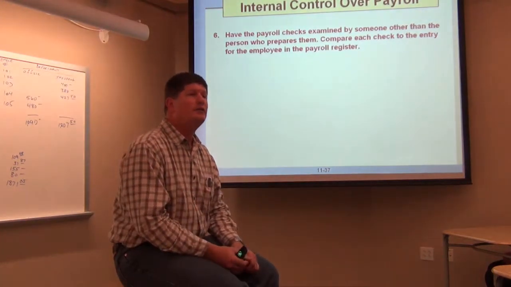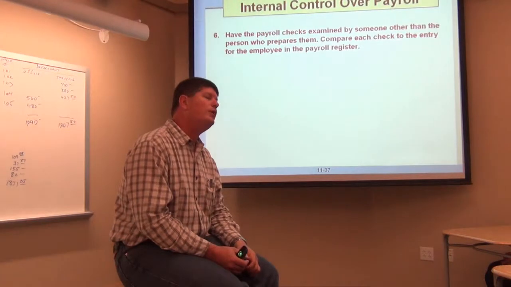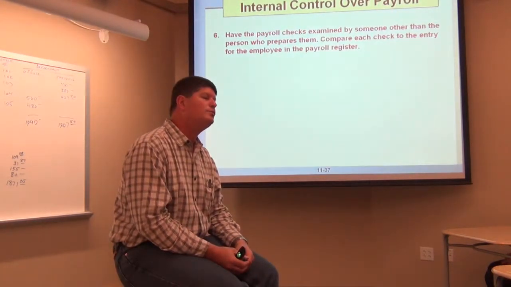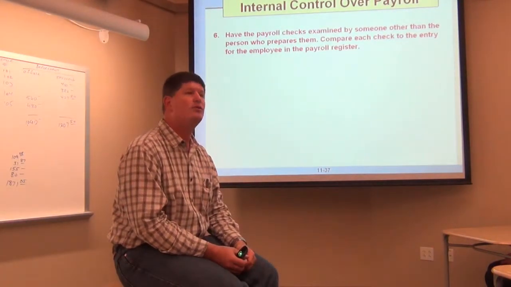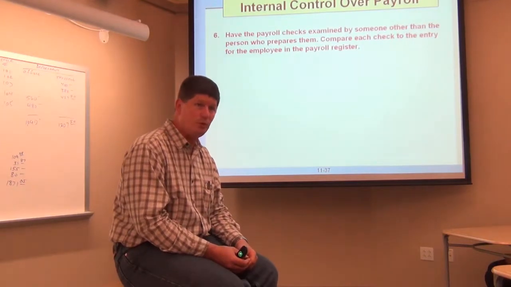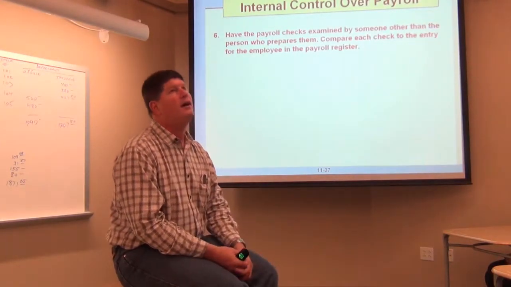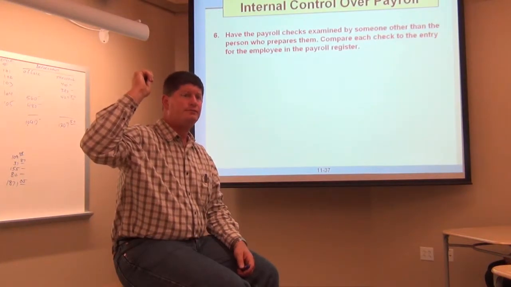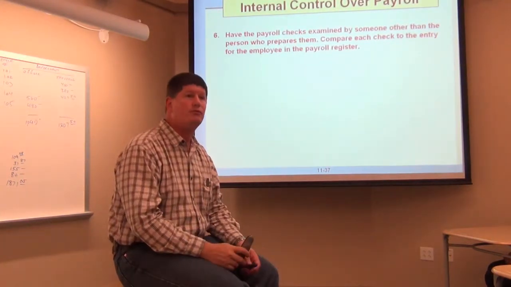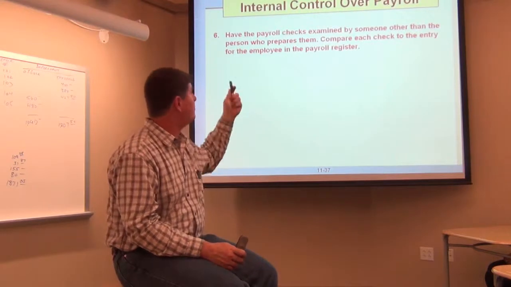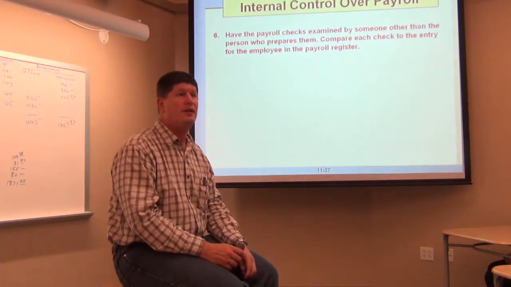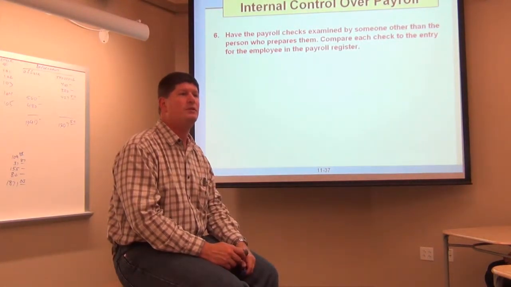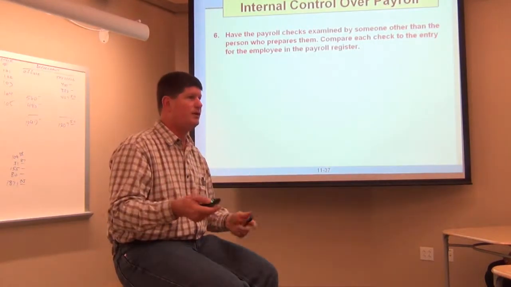Now, we always have checks and double checks to create internal control so that no one can rip off the company. Have one person calculate the payroll register, and maybe they can even write the checks, but have somebody else go through and approve the checks, and even a third person sign them, so that you have those double checks in place.